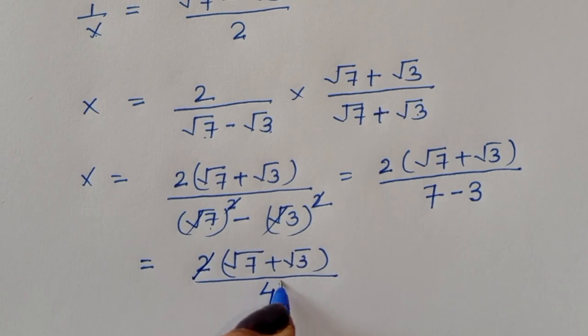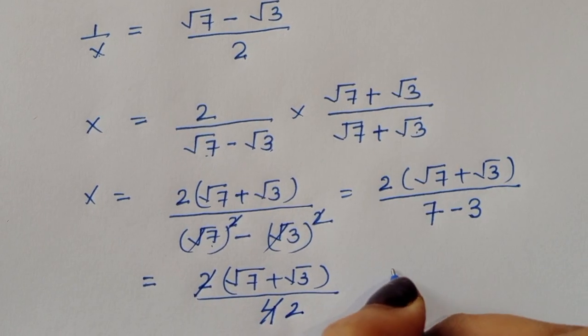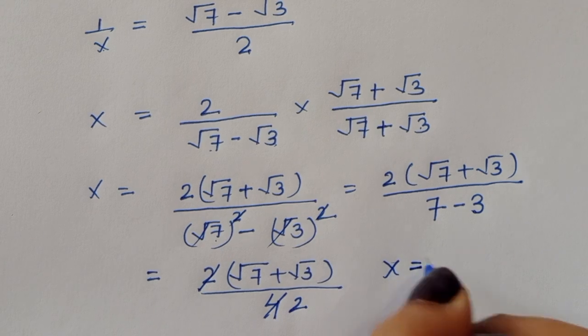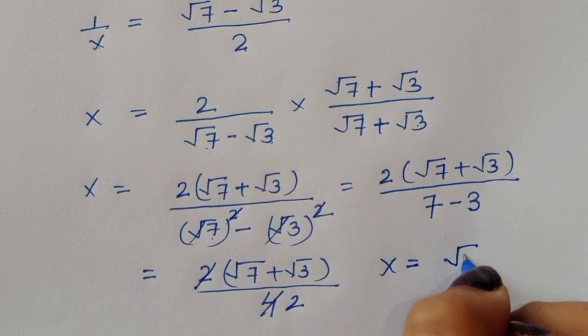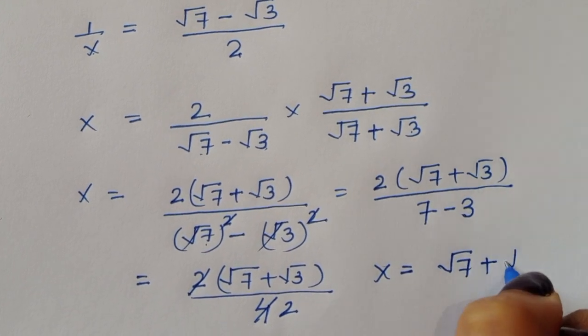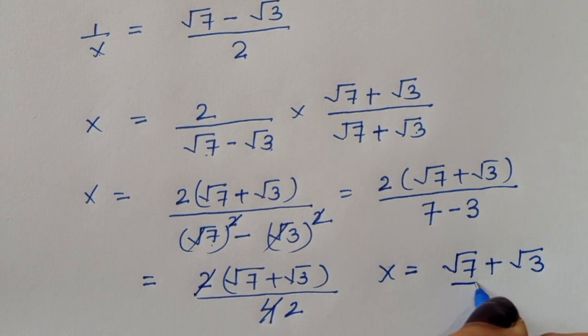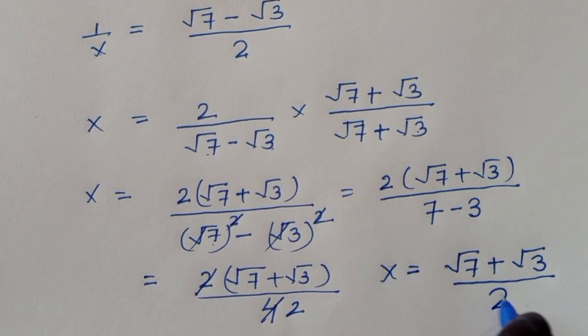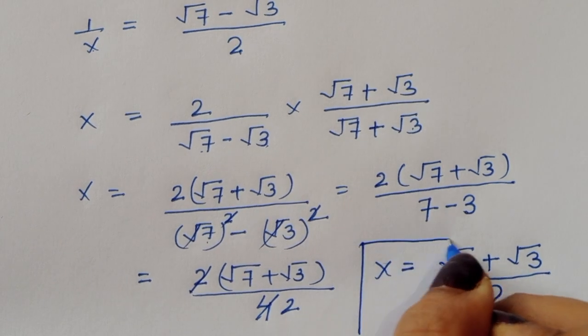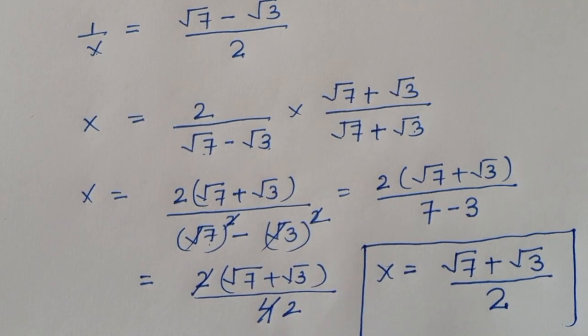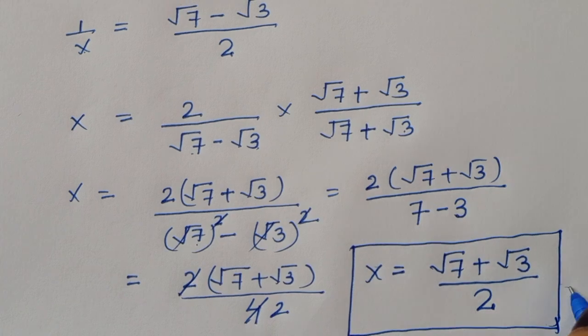Now 2 1s are 2, 2 2s are 4. So the value of x is equal to square root of 7 plus square root of 3 divided by 2. This is the value of x in this equation, and this is the solution. Thank you.